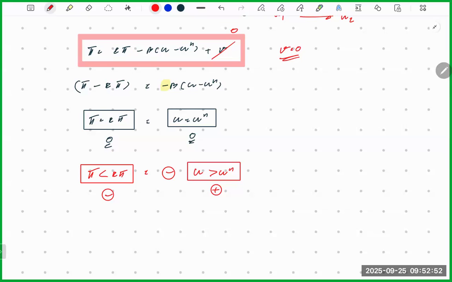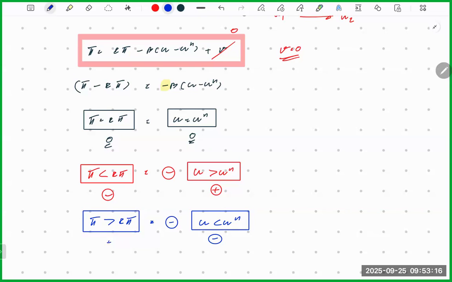On the other hand, if in the bracket of unemployment U is less than UN, unemployment is very low, lower than normal, which means the economy is very good. Minus and minus become plus. When the economy is very good, inflation is going to be higher than what people expect, which means everything is going to be very expensive.